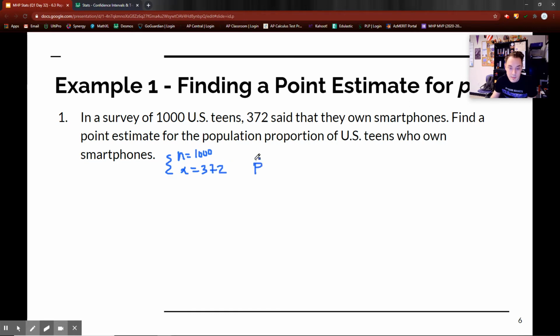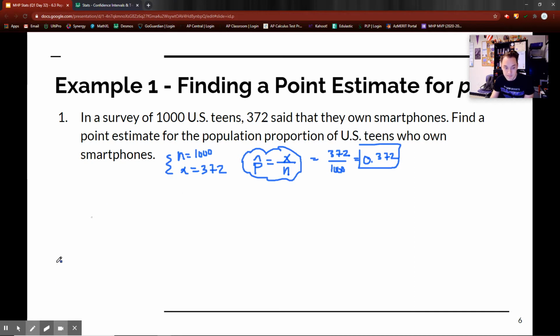So my P hat, my sample proportion, is going to be 372 all over 1,000. And this equals 0.372. Not too bad, right?